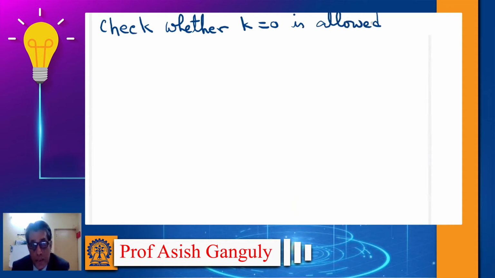That means check first whether 0 is one eigenvalue or not. Then separately, after checking, if you find that yes, it is included, fine. Then consider the k not equal to 0 case and investigate, find all the values. If you find k not equal to 0, then 0 is not an eigenvalue. So separately consider.